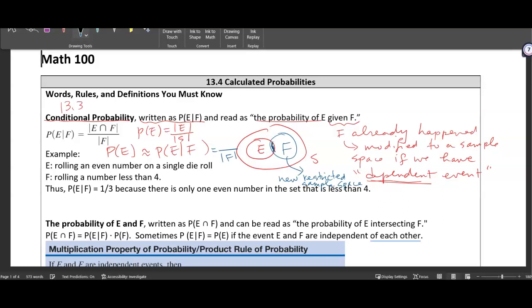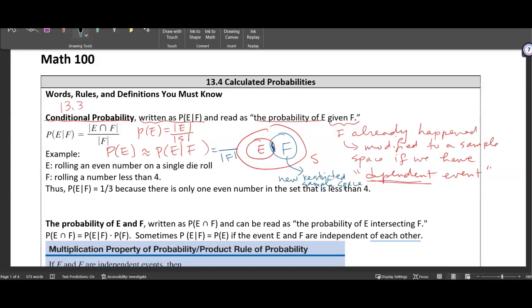Remember, the event had to be a subset of the sample space. So our subset E is only the little part here that is contained in our new sample space.